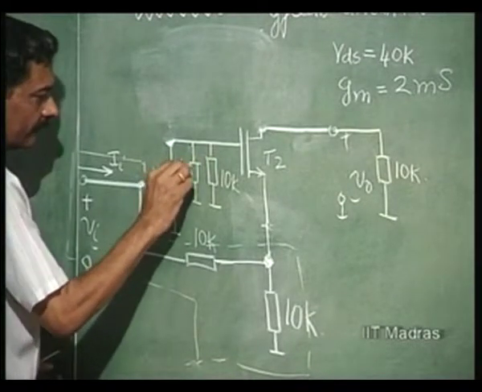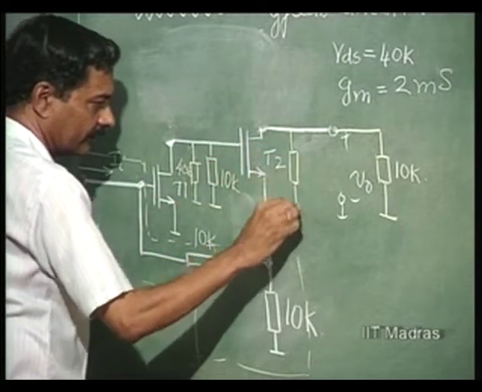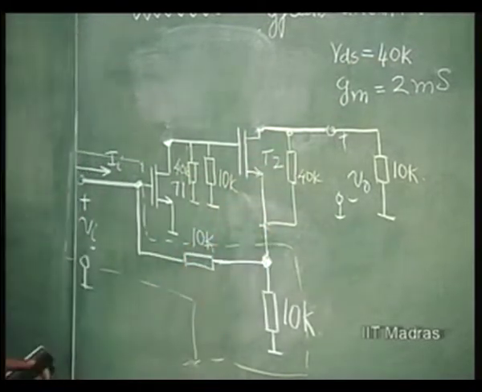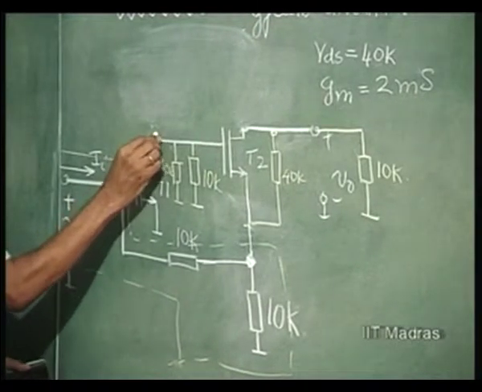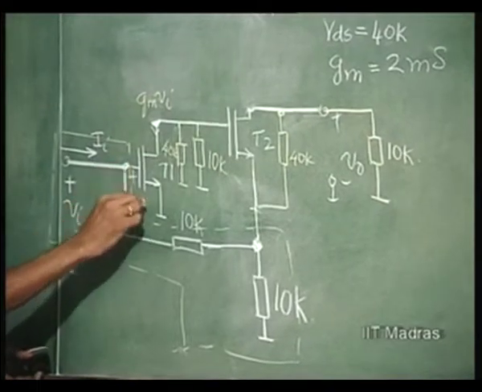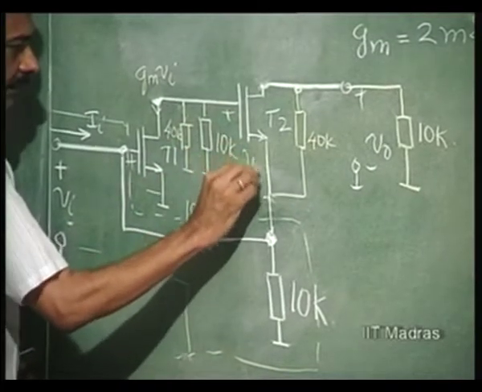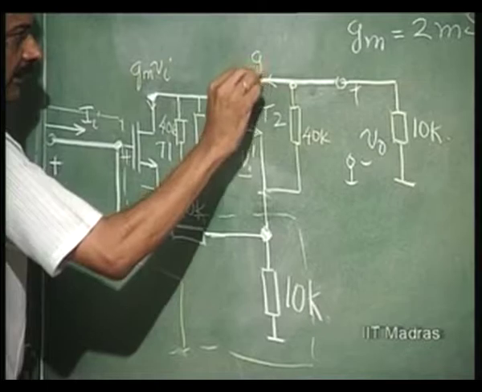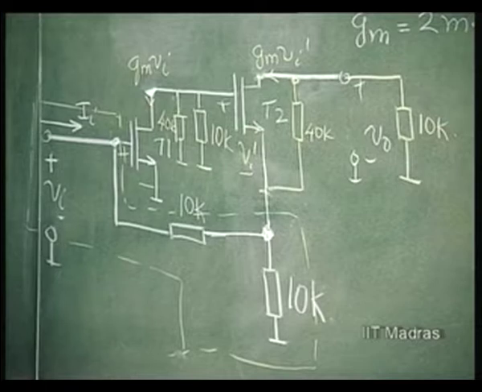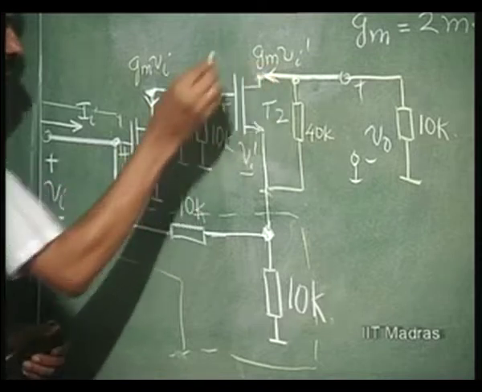This is 40K, and please remember to put that RDS of 40K here. In the equivalent, the current here is going to be Gm times Vi, Vi being the gate to source voltage. The current here, if I call this as Vi dash, is going to be Gm times Vi dash. That is the equivalent circuit part of it. So, this much if you do, you have almost solved the problem.